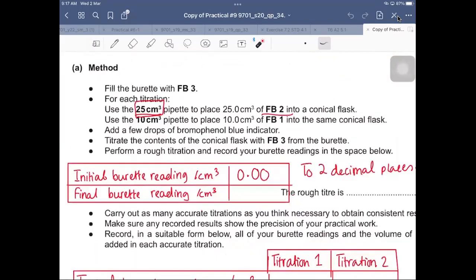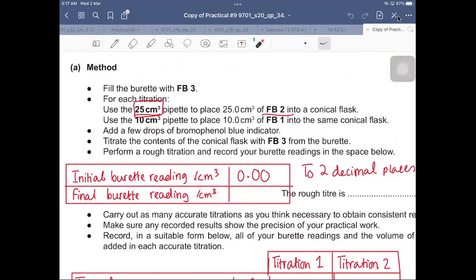Okay, here the difference is that you take out 25 cm³ of Fp2 and 10 cm³ of Fp1 for every titration. So you repeat 25 and 10.